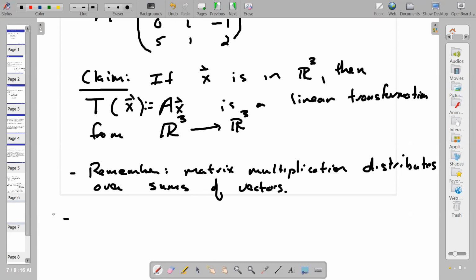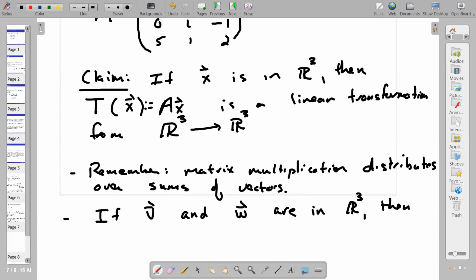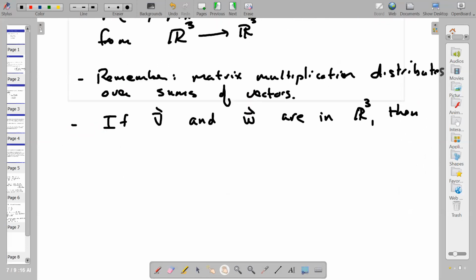If we wanted to check the first property, if the vector v and the vector w are vectors in R3, then I'm going to write down sort of a chain of equations. The way we've defined the function, T of the vector v plus the vector w is equal to A times the sum of these two vectors by definition.